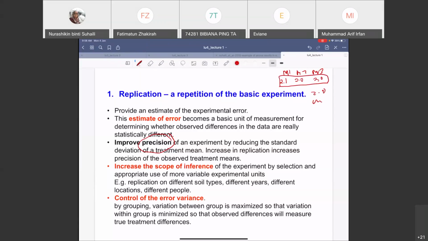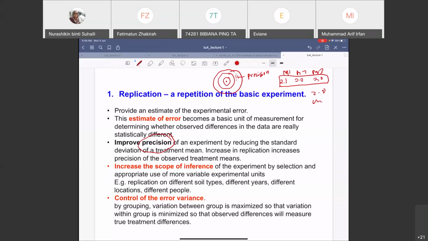Precision means it's very near to each other. If you play darts, you know this. Of course your aim is to get the center, right? So if you throw the darts, after many throws you get them very close to each other, this is precision. We normally use this one to explain precision and accuracy. So precision is something that is very near to each other, the data. Control the error variance. So that's the replication.